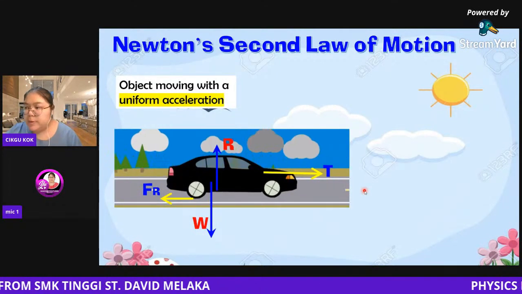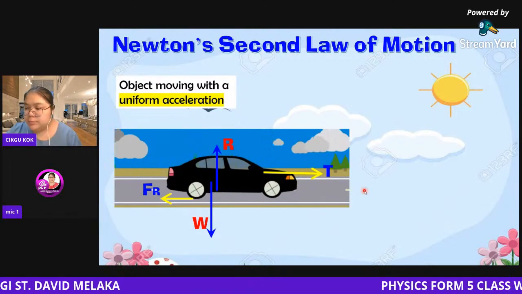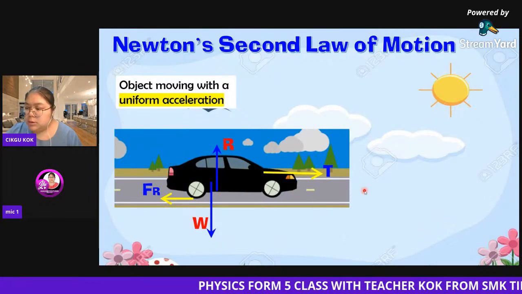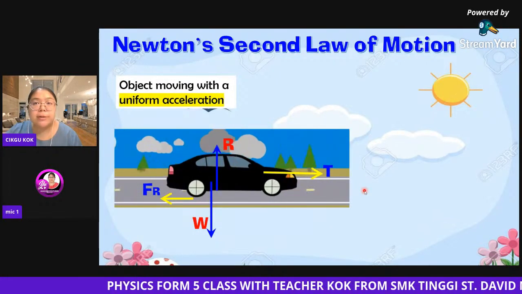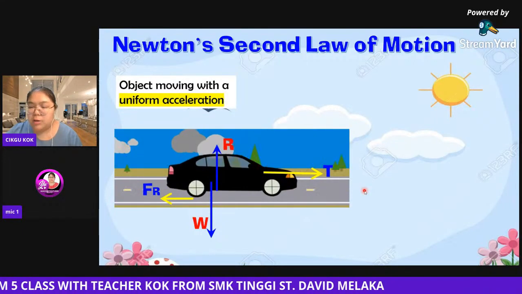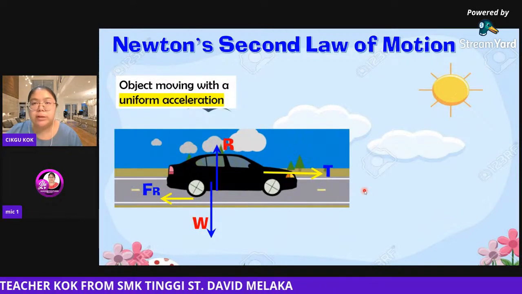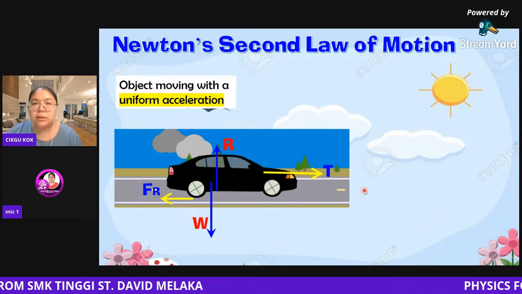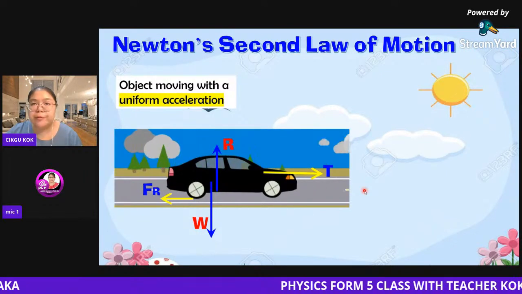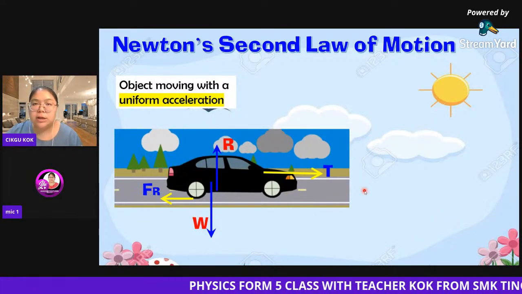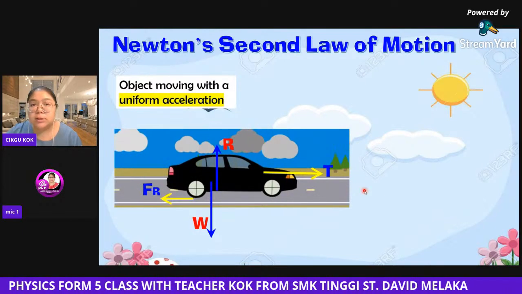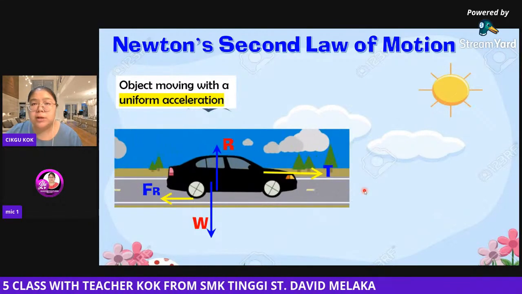You just type here, then I can find out the answer. T or FR, which one is biggest for this situation? The car is moving very fast already, so you can find out which force should be highest. Okay, T is bigger than the friction.